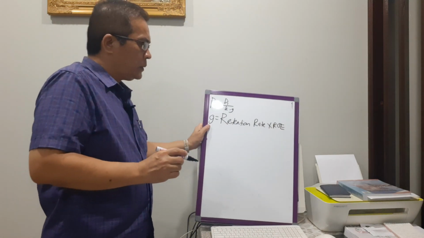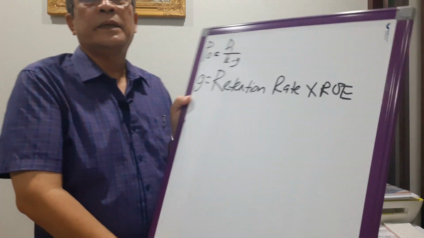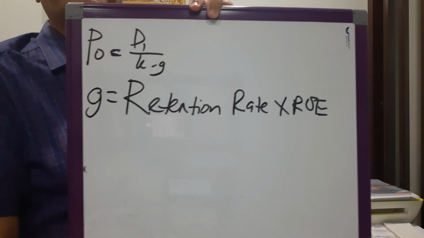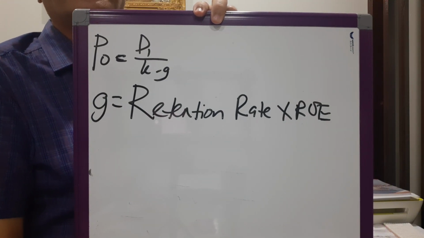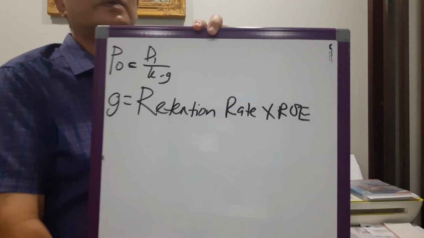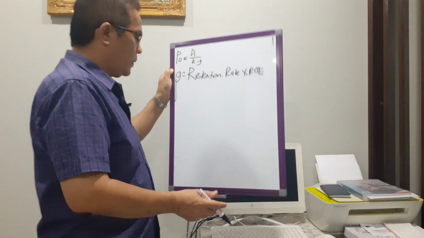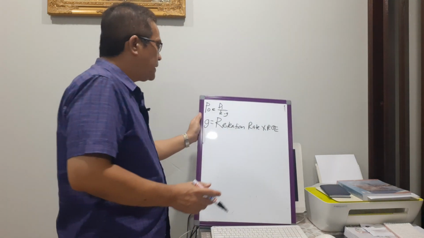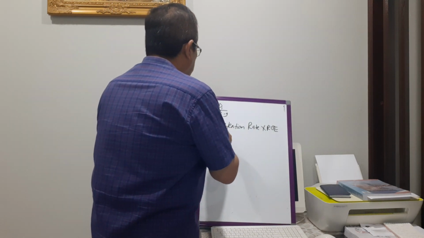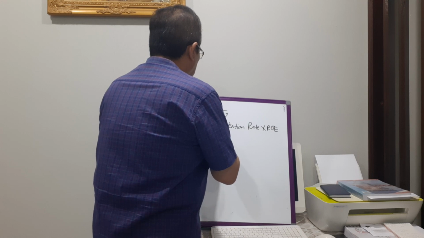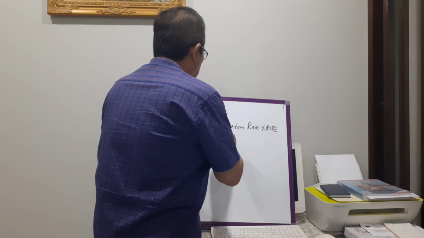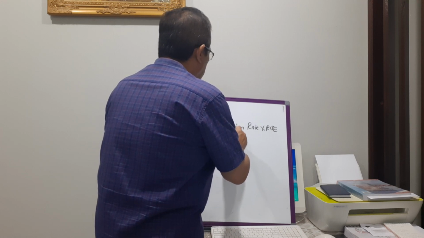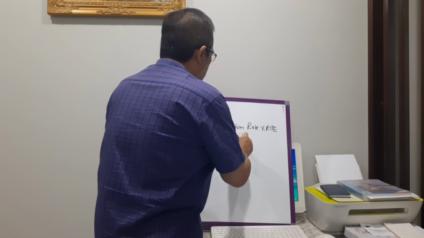G is equal to retention rate multiplied by ROE. ROE stands for return on equity. The formula of retention rate is 1 minus dividend payout ratio.